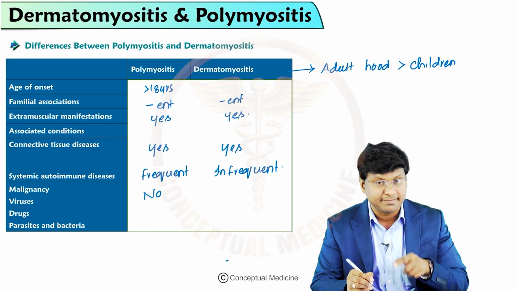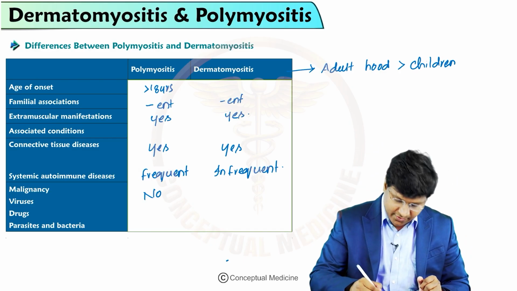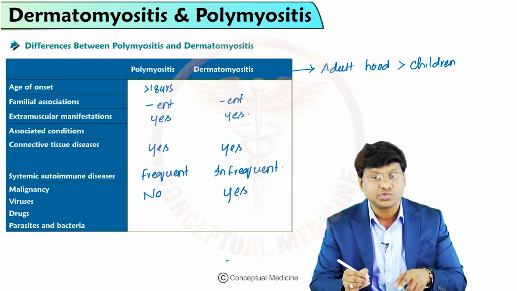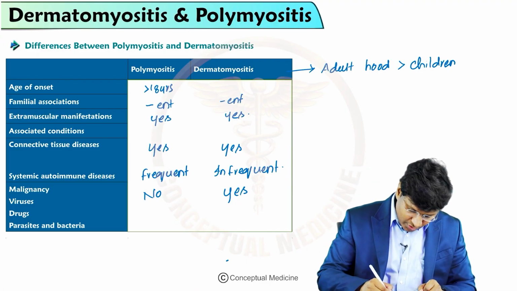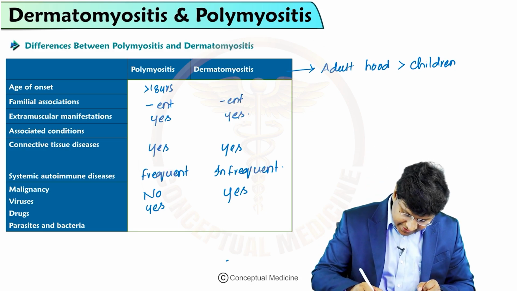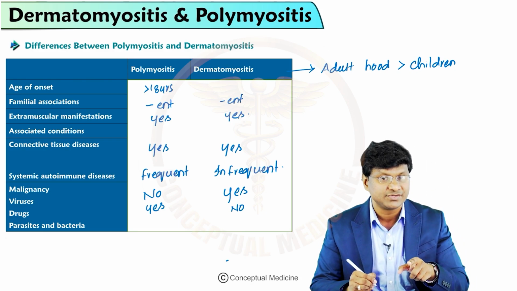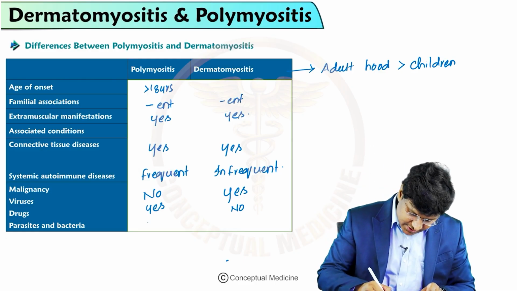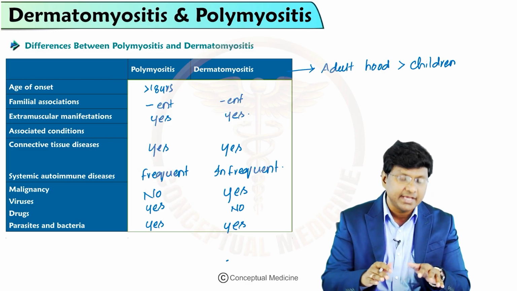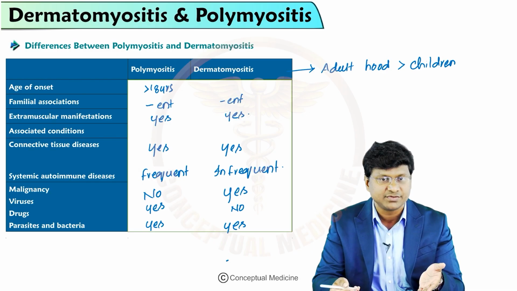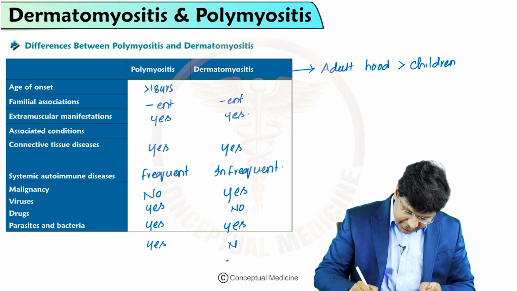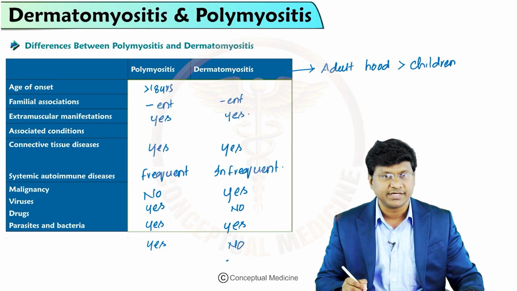You don't have any associated malignancy in case of polymyositis, whereas in case of dermatomyositis, yes, you have the associated malignancy. And what about viral infections? Yes, you have the associated viral infections in polymyositis, but absent in dermatomyositis. And what about the drugs? Yes, both of them can have association with drug intake causing polymyositis or dermatomyositis. And what about parasites and bacteria? Yes, in case of polymyositis, but absent in case of dermatomyositis, right?